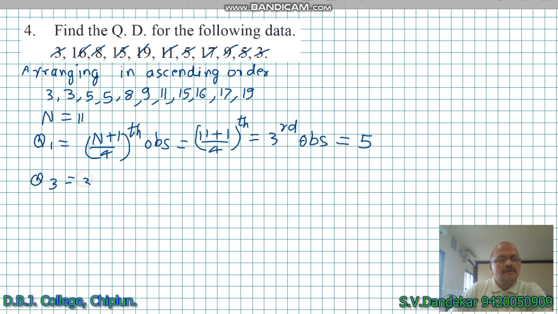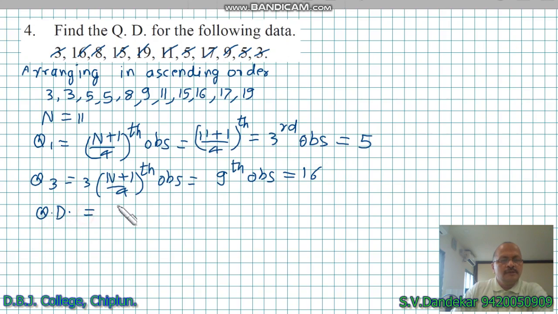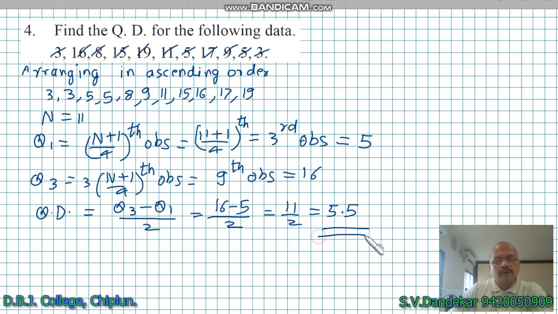Q3 is 3 into n plus 1 upon 4th observation, that is 3 into 3, that is 9th observation. 9th observation is 16, and therefore quartile deviation is Q3 minus Q1 upon 2. It is 16 minus 5 upon 2, 11 by 2, that is 5.5. This problem ends here.